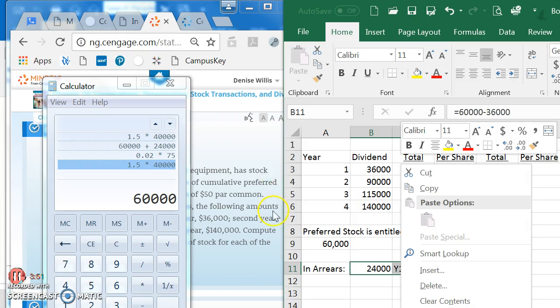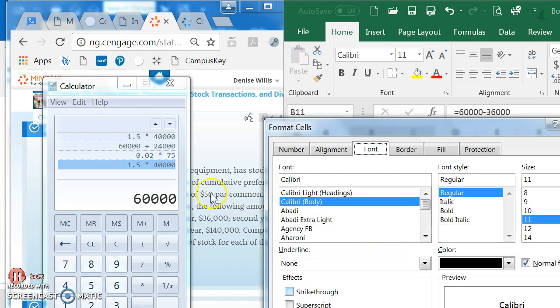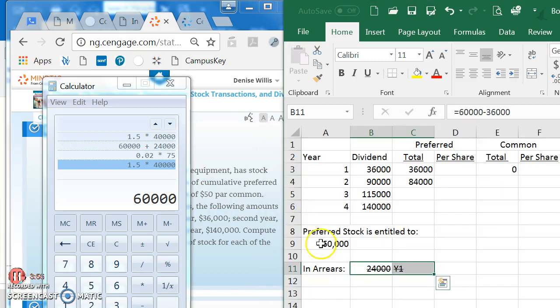I'm going to strike that out so we can just remember that we're not in arrears anymore, but I don't want to erase it. Okay, now if $84,000 was given to the preferred shareholders out of the $90,000, that means there is a remaining $6,000 left to give to common. So the total is done for year 2. In year 3, there's nothing in arrears.